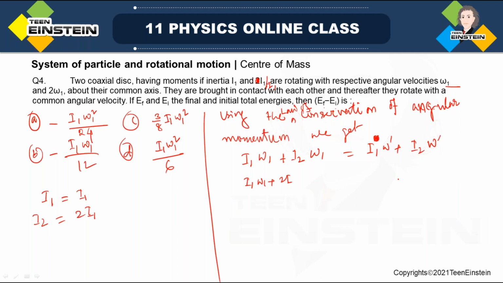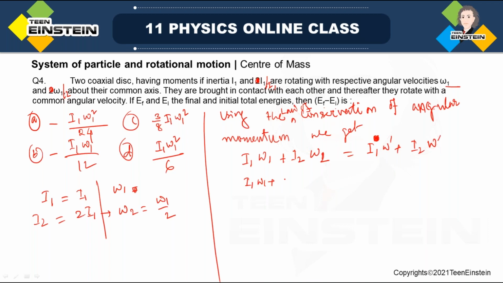Initially they don't have the same angular velocity, they had different angular velocities, omega 1 and omega 1 by 2. So the other angular velocity was omega 1 by 2. This is what was there, so I can write omega 2 here.